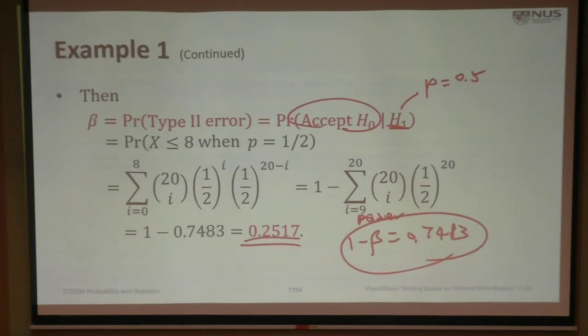In other words, if really this is a good new vaccine, the percentage of effectiveness is still 50% at the end of 2 years, then the chance that we can find out such a thing is quite high. It is a 75% chance that you will make the right decision by rejecting P equal to 1/4.